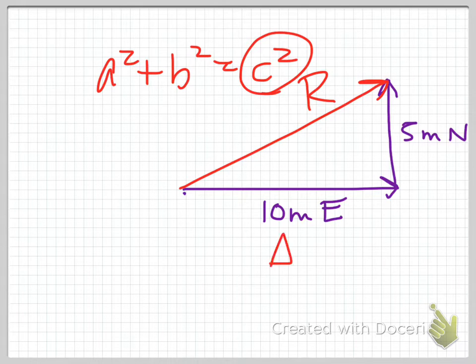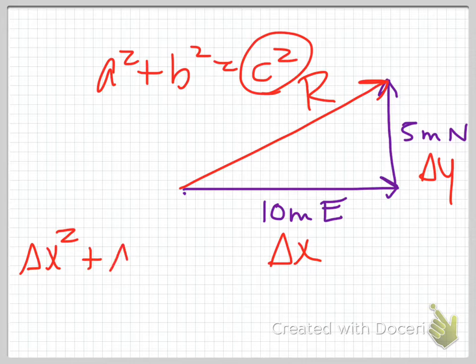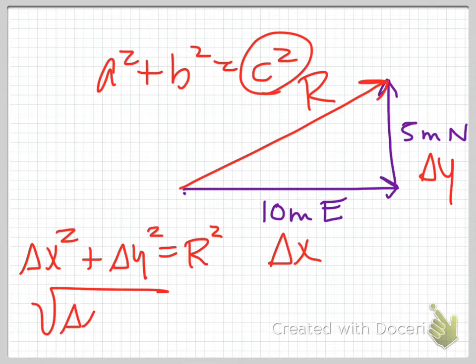X. So this is delta X. That 5 meters is delta Y. So I'm going to rewrite this: delta X squared plus delta Y squared equals resultant squared. Therefore, the square root of delta X squared plus delta Y squared equals my resultant.